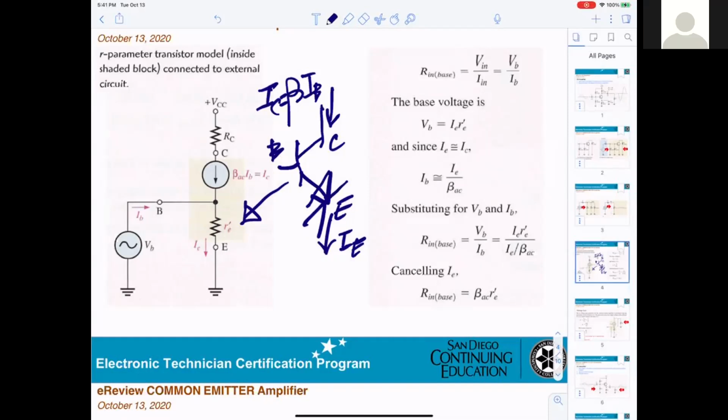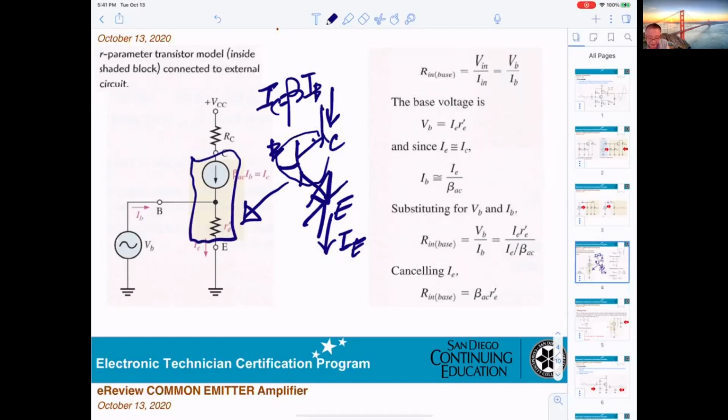Can you explain one more time? I didn't follow. Regarding the diode? What I'm saying here is this is a transistor in DC, and this is a transistor in AC. In the AC, they do not draw the transistor like normal. They just draw one current source going to the base, and one resistor R prime E going to the emitter.